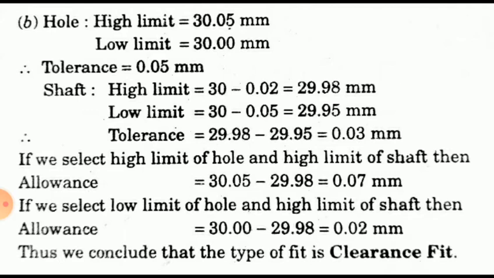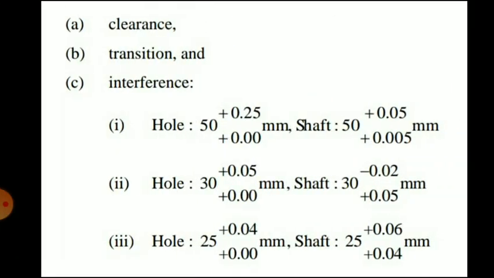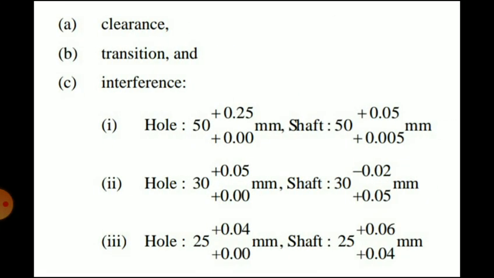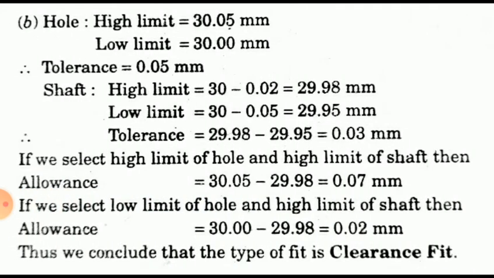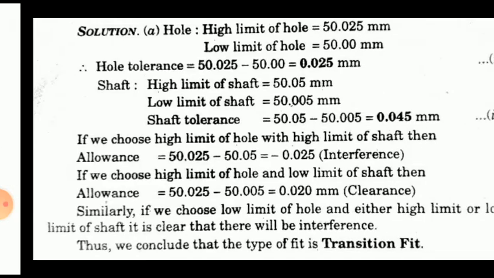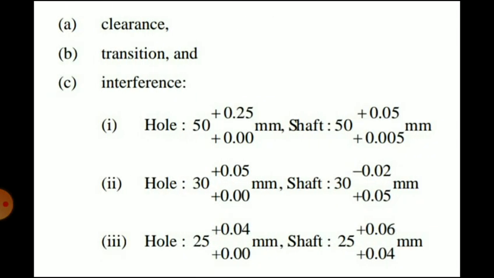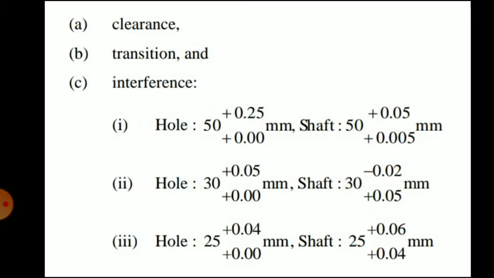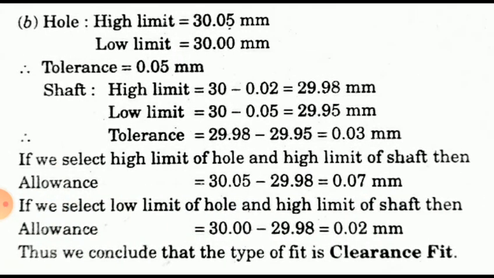Similarly, calculate the higher limit for the shaft as well as the lower limit of the shaft and find out the tolerance. For the second case, the higher limit is 30 minus 0.02, it is 29.98 mm, and the lower limit will be 30 minus 0.05, it is 29.95 mm.